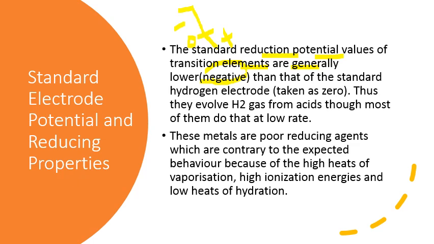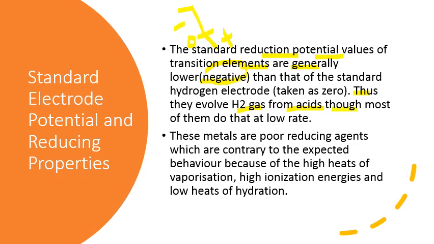So the transition elements have the lower electrode potential. Thus, they evolve hydrogen gas from the acids. They have the ability to evolve hydrogen gas when they react with the acid.